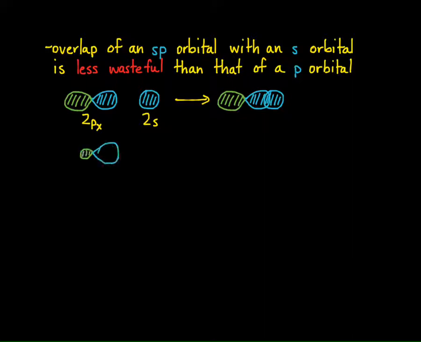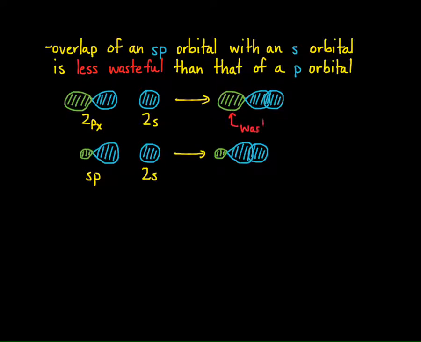Now, compare that to a hybridized sp orbital in its interaction and mixing with a 2s orbital. All right, so again, we're forming a molecular bond, and that bond looks like this. So you see that now the electron density resides a lot in the blue and much less in the green.